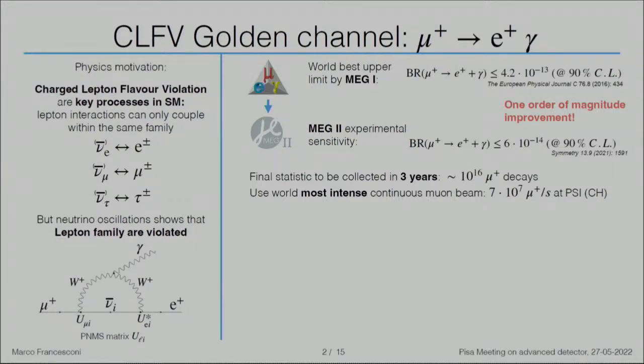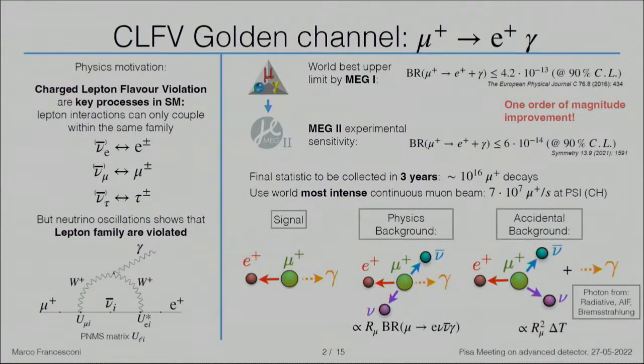Because of this very high beam intensity, we have, in addition to the signal, two other background processes. The first one is the physics-induced one, which scales with the beam rate, and it reaches the signal when the two neutrinos carry away a very small amount of energy. And then we have the accidental background, which is the coincidence of a high-energy positron plus a photon that comes from some other processes like this one or other sources of photons.